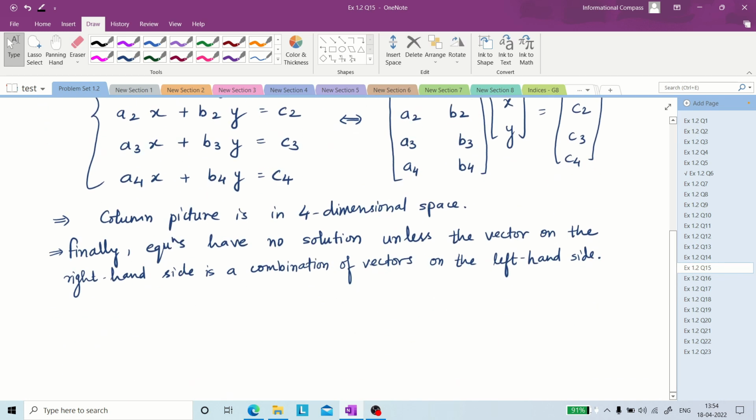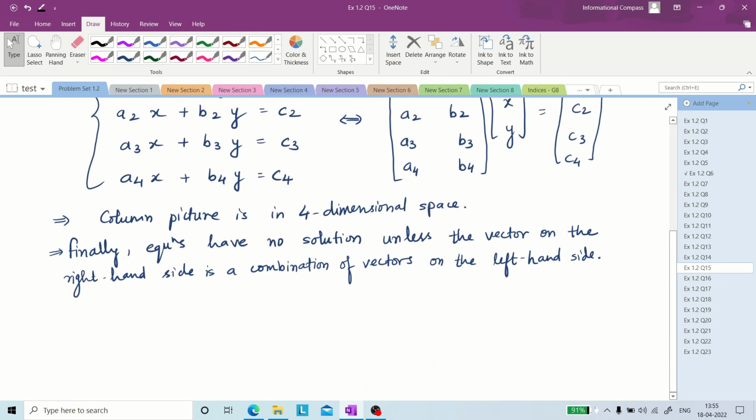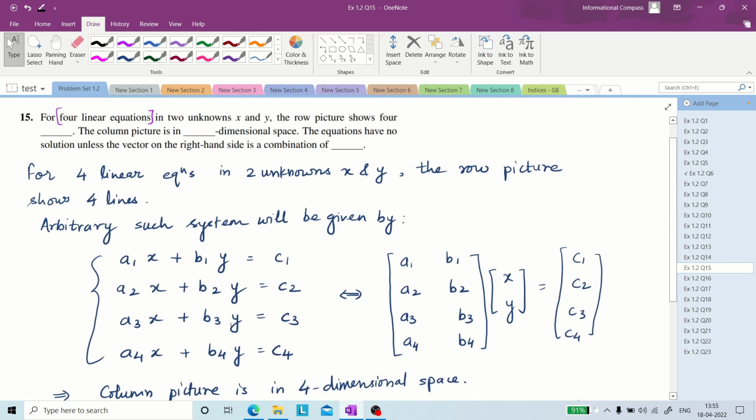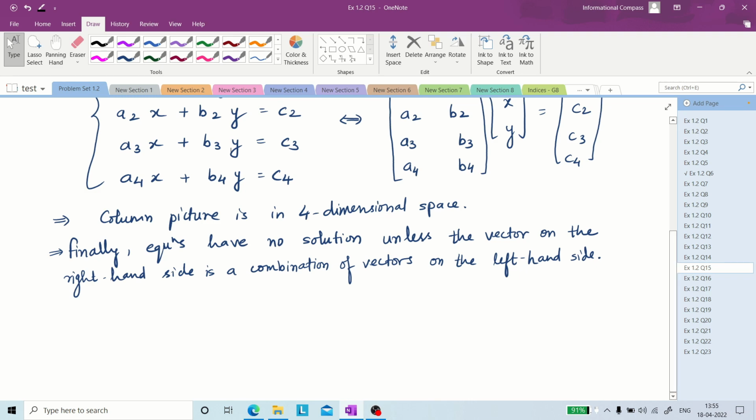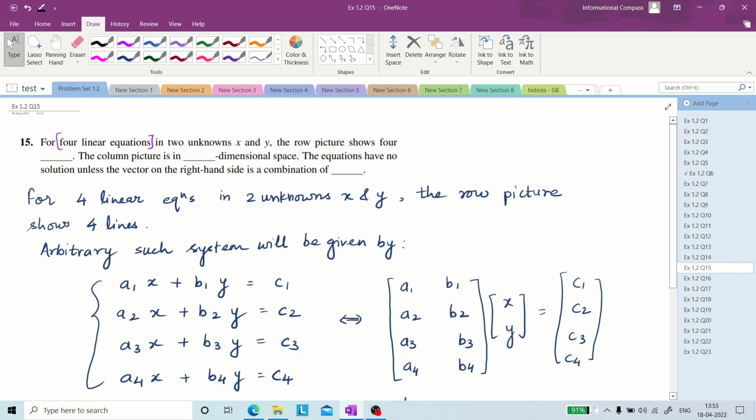So what will we write the result as? We have got the 4-dimensional space. The equations have no solution unless, yeah, combination of left hand side. We have got all the answers, right? So I'll write down the result here itself, in this question. I'll just fill in the blanks. For 4 linear equations and 2 unknowns x and y, the row picture shows 4 lines. The column picture is in 4-dimensional space.